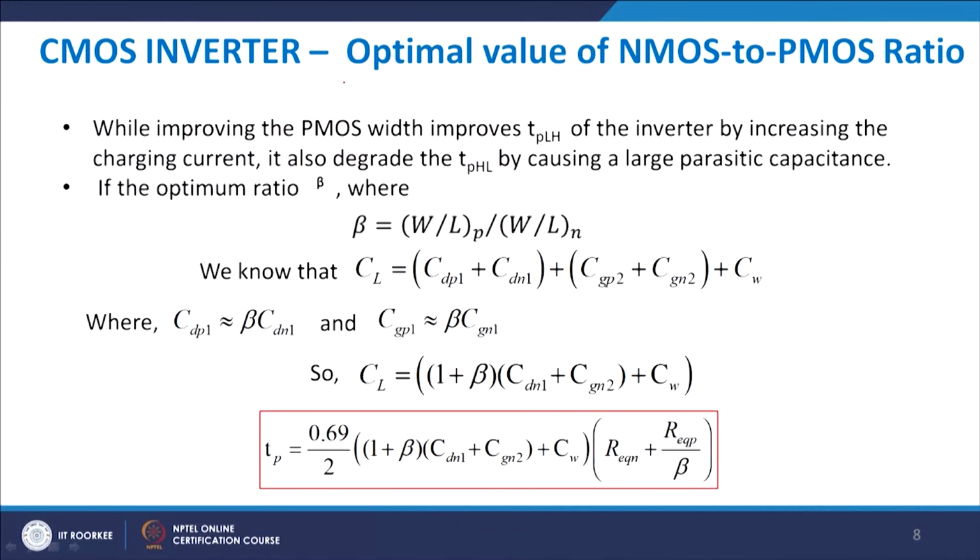Now, let me come to the fourth subtopic of this whole discussion, and that is basically the optimal value of NMOS to PMOS ratio. What do I mean by that?